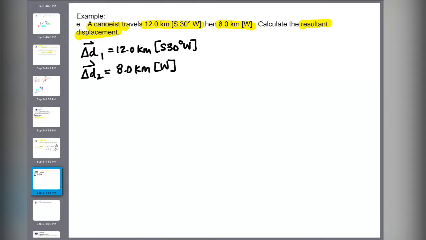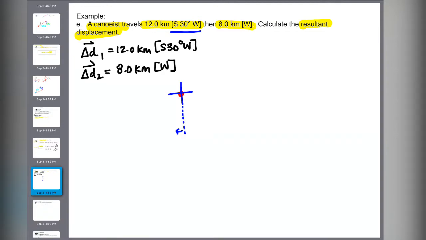These are vector quantities that do not involve acceleration, so you don't have to convert to SI units. The next thing that you would need to do is draw a vector diagram, okay? I always like to put a dot as a beginning. I would always just start out with the dot, so I know that's my starting point. And I do a little compass here. Okay, this object goes south 30 degrees west, meaning going from the south direction, it's going to swing towards the west direction for 30 degrees.